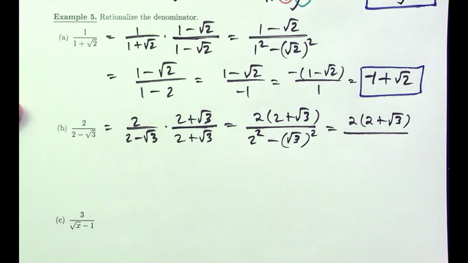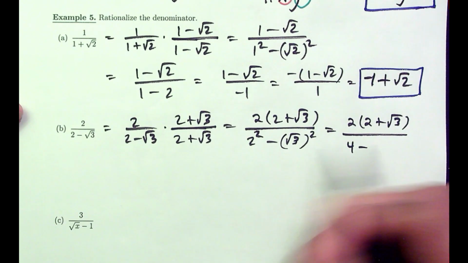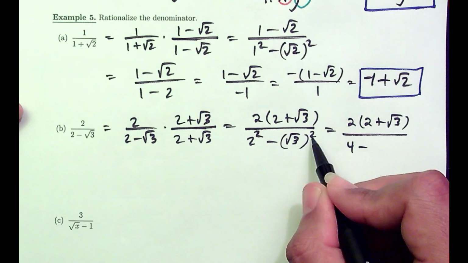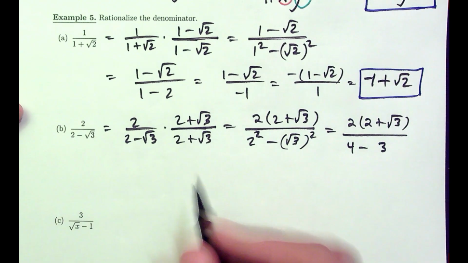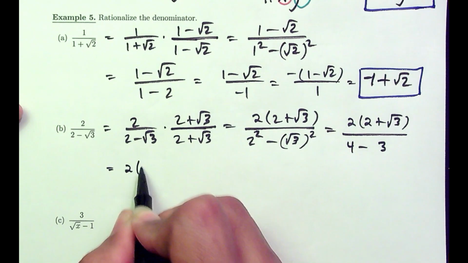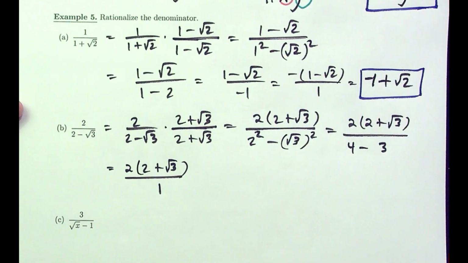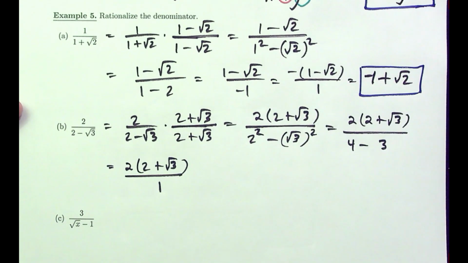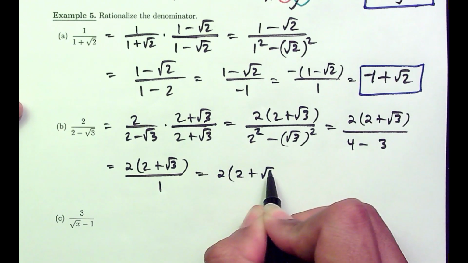But the bottom gives me 4 minus square root of 3 squared, which is really 3. Okay, so you get 2 plus square root of 3 over 1. 4 minus 3 is 1. Divided by 1 doesn't do anything, so this is just 2 plus square root of 3.